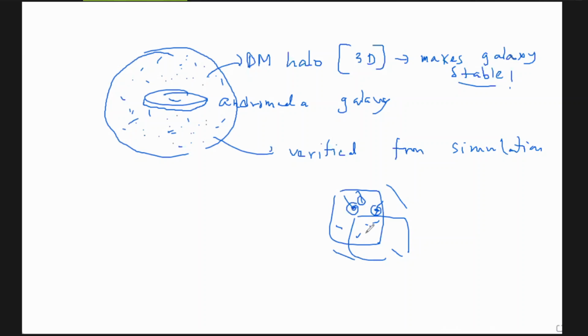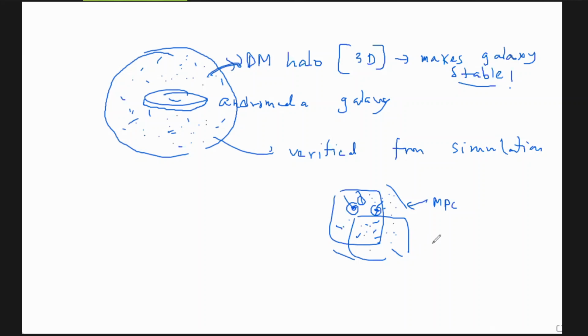So don't think that dots are like particles here. We are now looking at a megaparsec scale, where even a galaxy looks like a dot, and a galaxy cluster will look like this. So each yellow dot is a sphere of this dark matter halo.